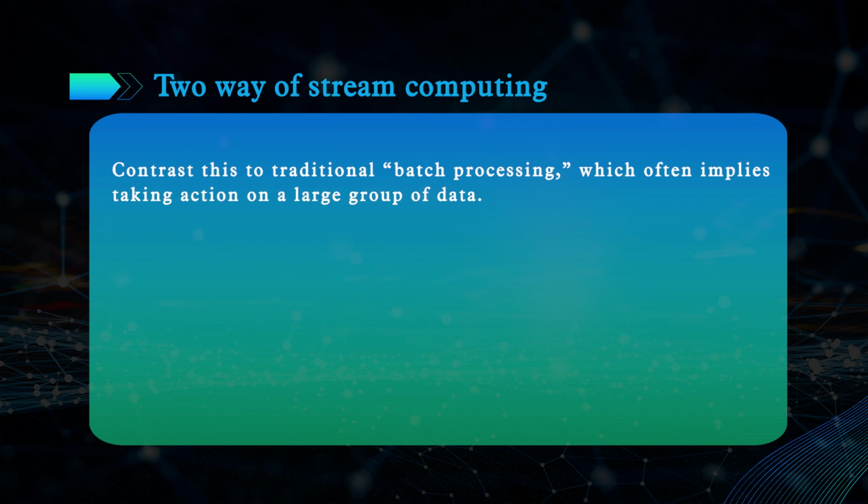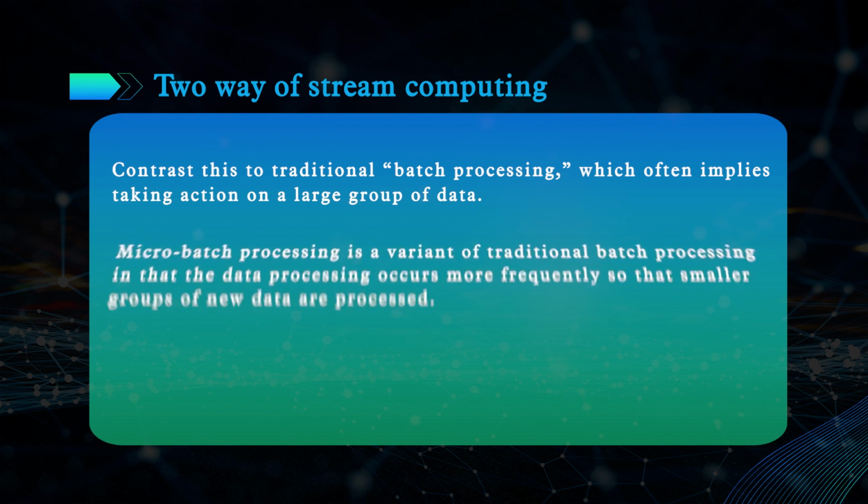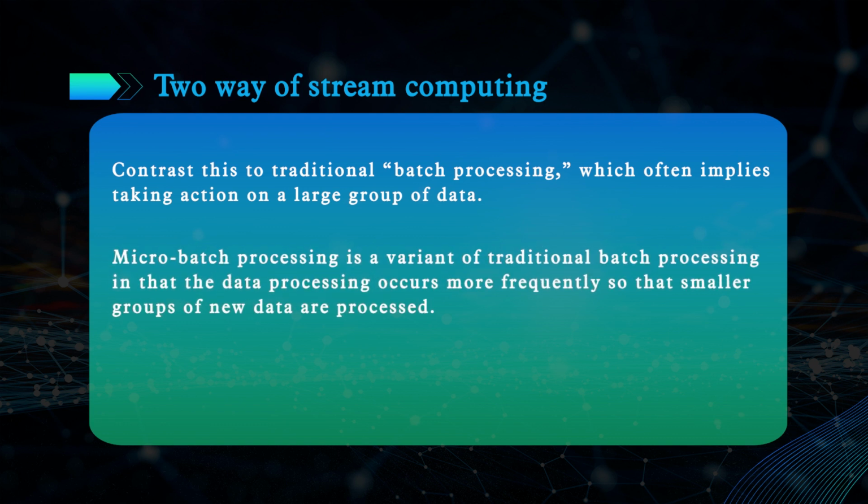Contrast this to traditional batch processing, which often implies taking action on a large group of data. Microbatch processing is a variant of traditional batch processing in that the data processing occurs more frequently so that a smaller group of new data are processed.